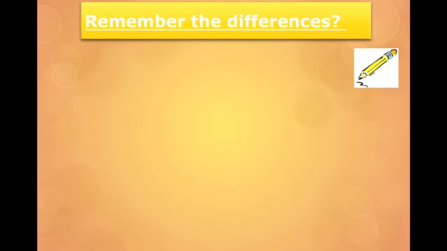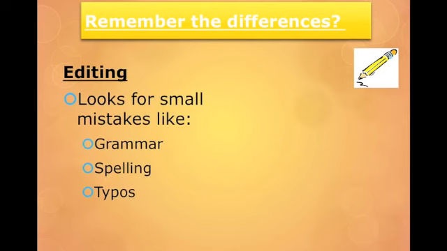All right, so I wanted to really quickly go over editing versus revising. We've talked about this once before, especially the honors students should know this back from our career essay. Some of the regular language arts classes might not have looked at that video, so it's good that we're going over it now. But editing is basically what you do to look for small mistakes: grammar, spelling, typos, punctuation errors, that sort of thing.